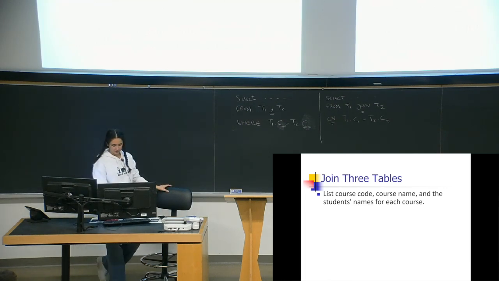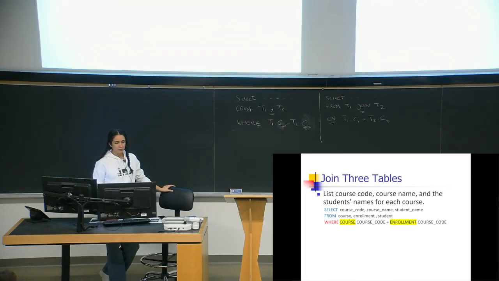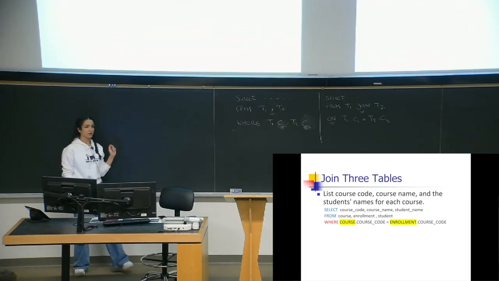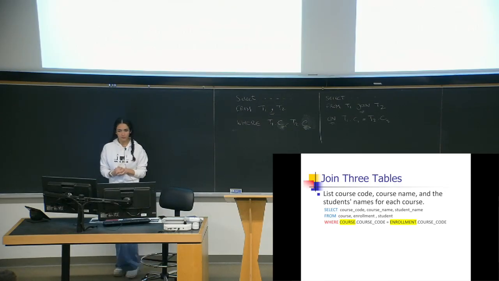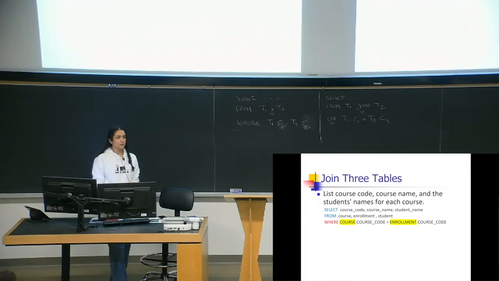And we had to join three tables, right? From course, enrollment, student. So once we have to connect course to enrollment, and the other time we have to connect or join student to enrollment, right? How can we do that? Again, through the common field or common attribute, right?